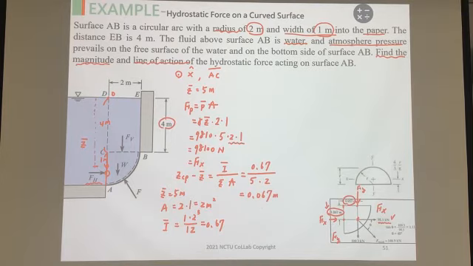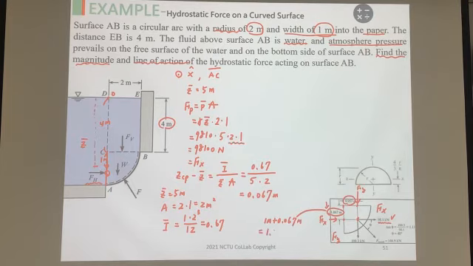Okay, so because the distance between the centroid and the C is 1 meter, and the distance between the centroid and the CP is 0.067 meters, finally we know the location here is 1 meter plus 0.067 meters.